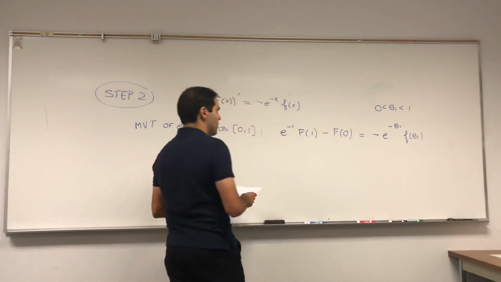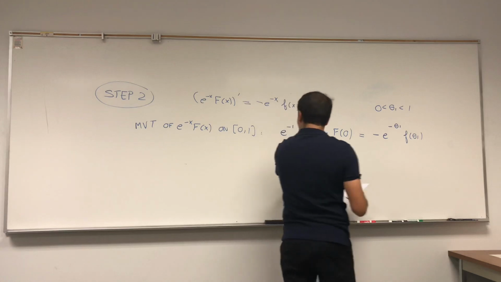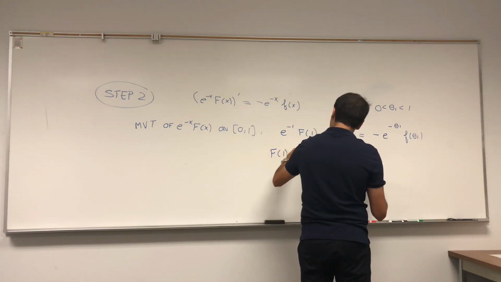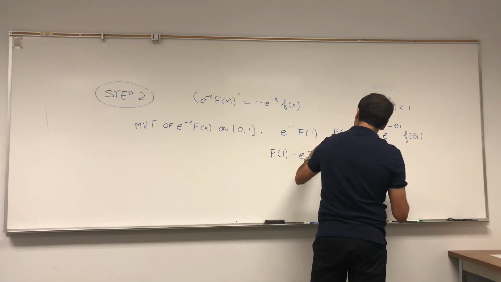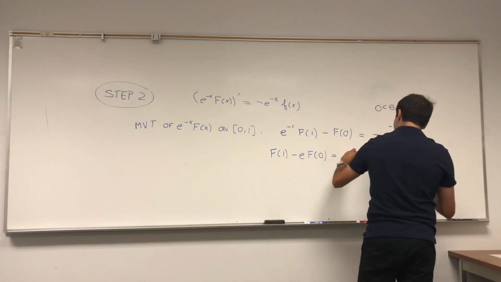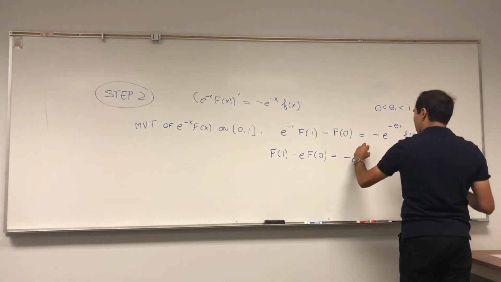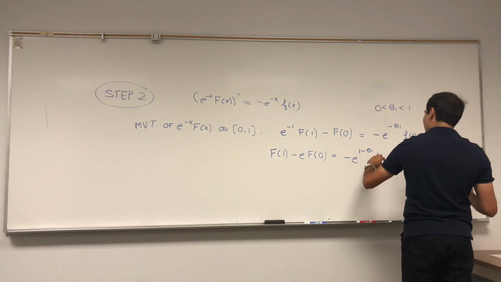And let's clean this up a little bit. So if we multiply both sides by e, you get F of 1 minus e F of 0 equals minus e, again you multiply this by e, so e to the 1 minus theta 1, f of theta 1.